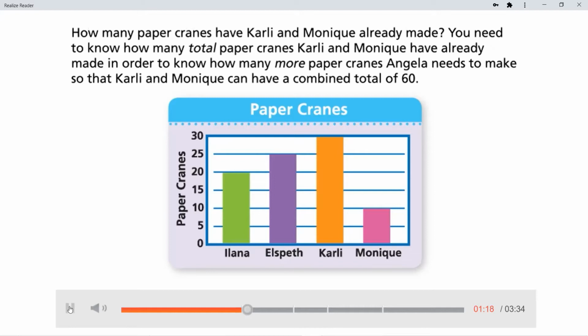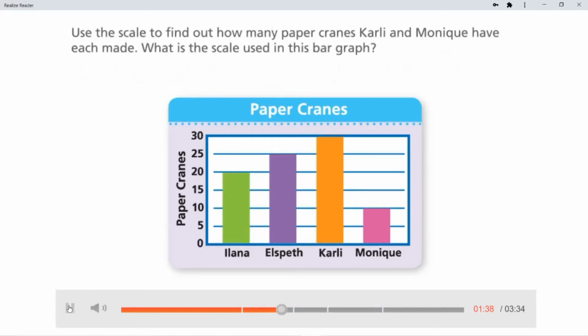How many paper cranes have Carly and Monique already made? You need to know how many total paper cranes Carly and Monique have already made in order to know how many more paper cranes Angela needs to make so that Carly and Monique can have a combined total of 60. Use the scale to find out how many paper cranes Carly and Monique have each made.